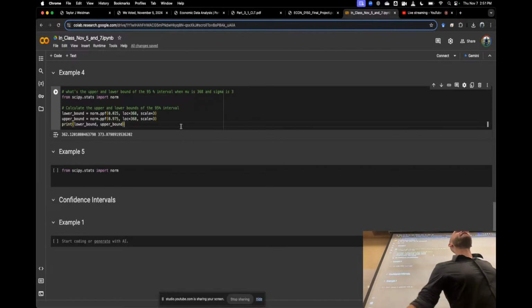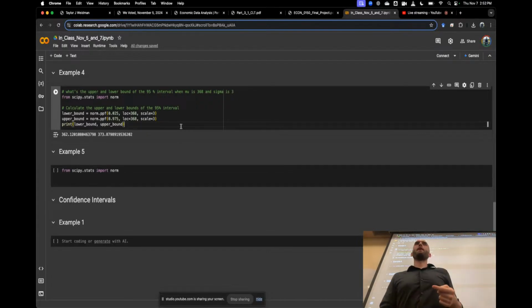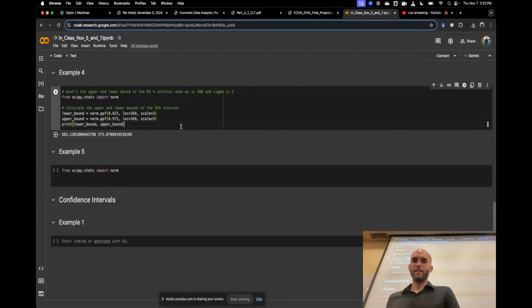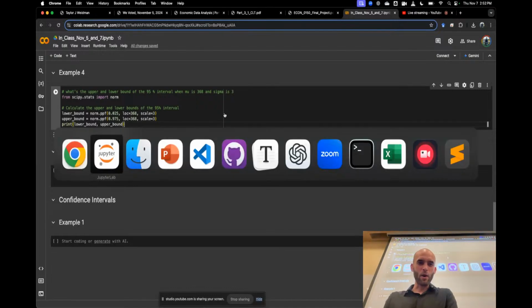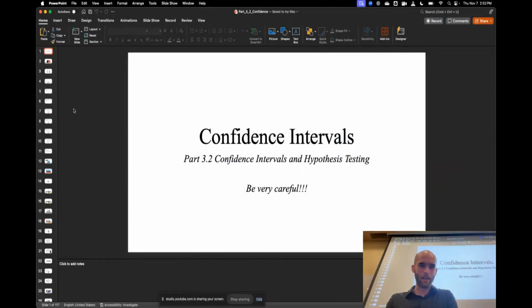But I hear people say the thing we're about to do wrong all the time. So we're going to talk about some of the nuances and philosophical distinctions. All right, so let's get into some slides. This is what we call confidence intervals.